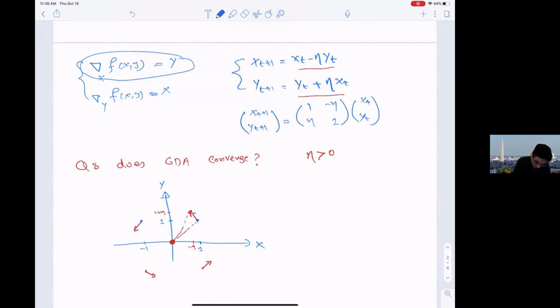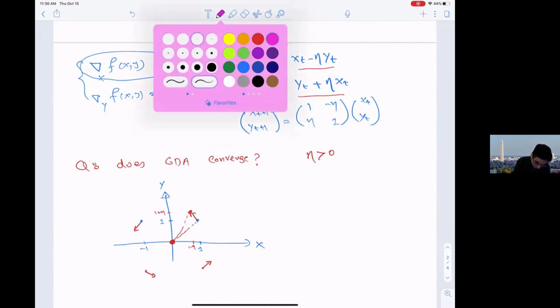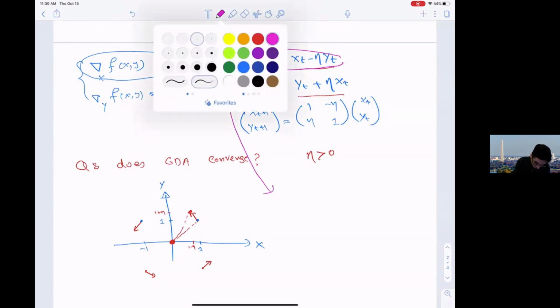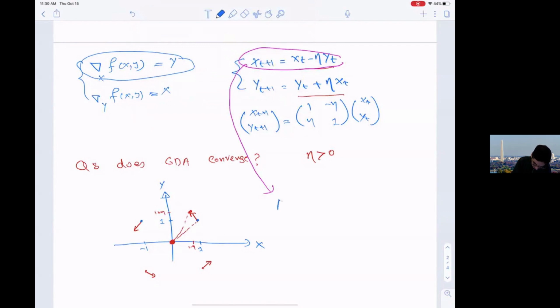I can compute the magnitudes from these equations. Right, so the first one would be x_{t+1} squared would be x_t squared plus eta squared y_t squared minus 2 eta x_t times y_t. In fact, I'm writing it for a high dimensional case, but obviously it's true for the one dimensional case as well.